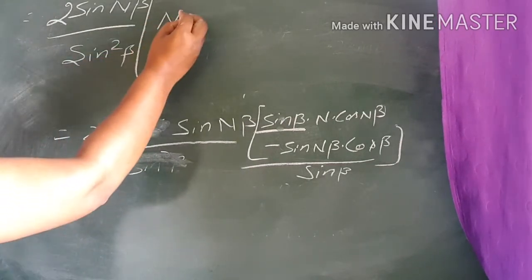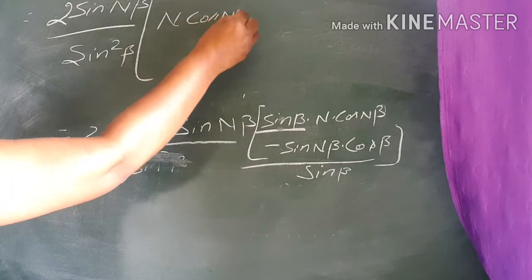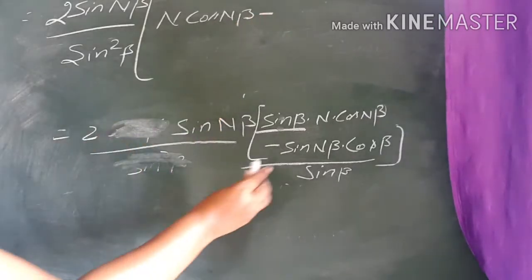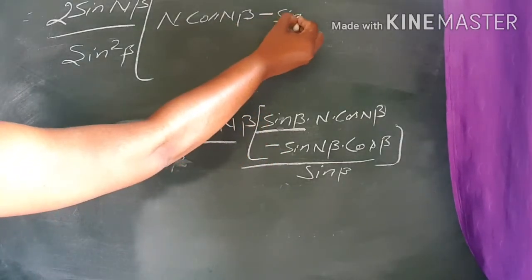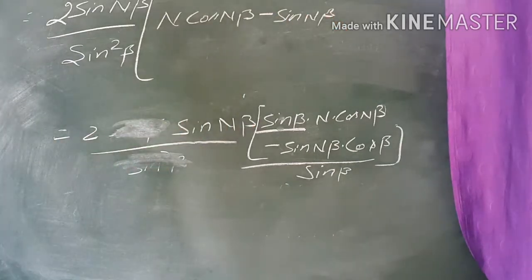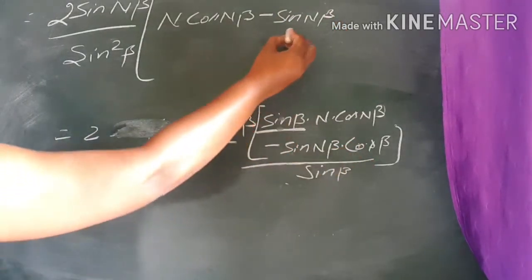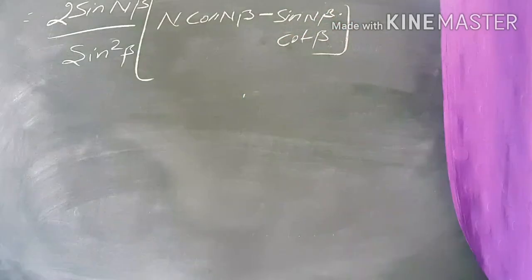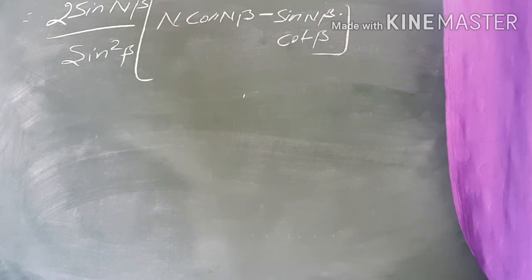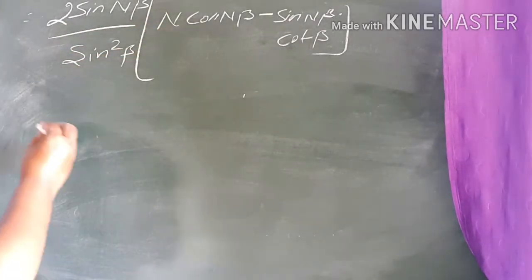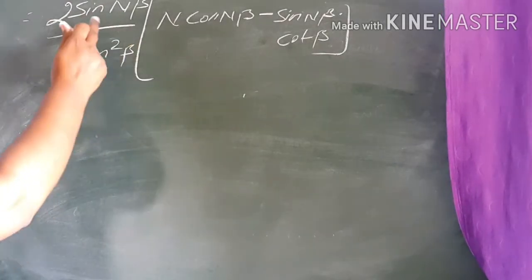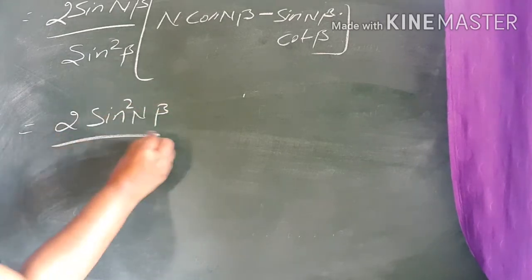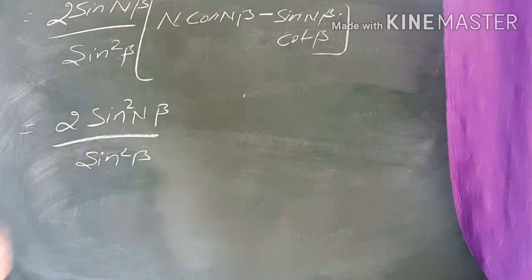The remaining term is n cos n beta, and this is sine n beta, sine n beta, and this is cot beta into cot beta. Okay, again multiply and divide by sine n beta. By multiplying this by sine n beta, we have sine square n beta divided by sine square beta.